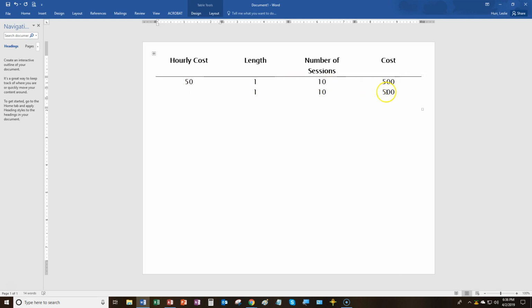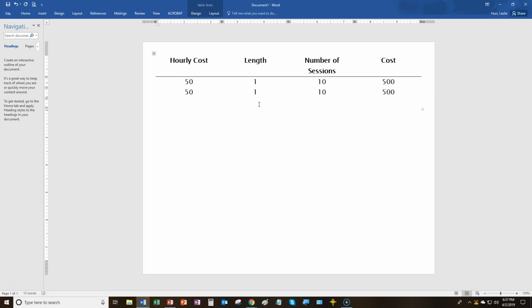But now we're having to go backward. So how would we get from all this information to here? Well, if we take the length times the number of sessions, and then we divide it by the cost, we should get 50, right?